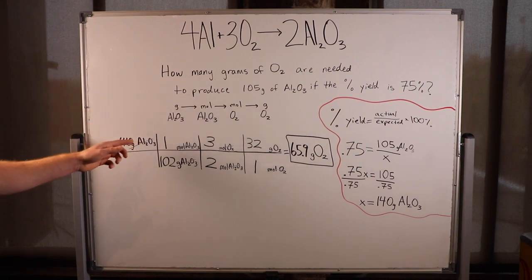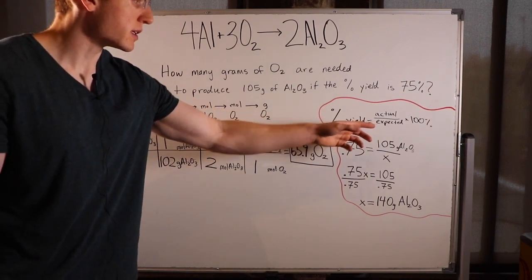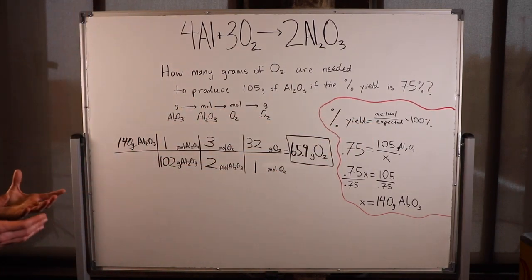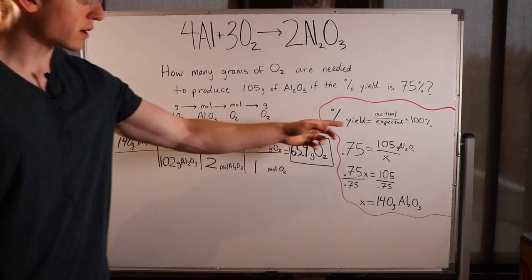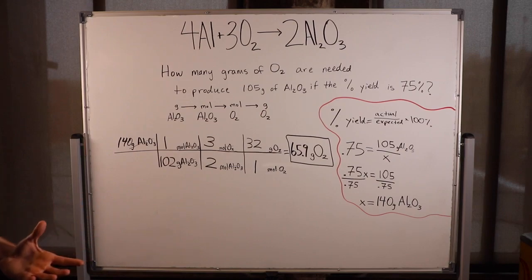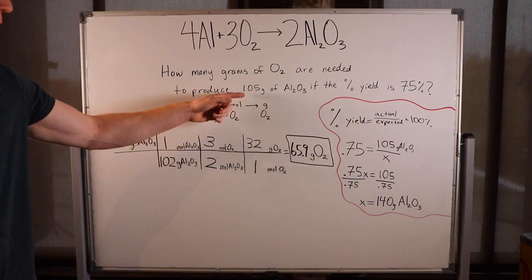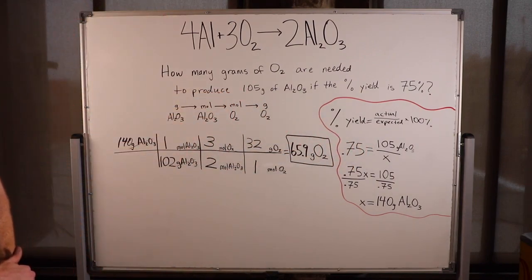But this table again only takes into account expected amounts. It tells you what you would expect in a perfect world. So we need to first get our expected amount. So our percent yield, remember, is equal to the actual amount over the expected amount. We were given a percent yield and we were given our actual amount that we want, 105 grams.